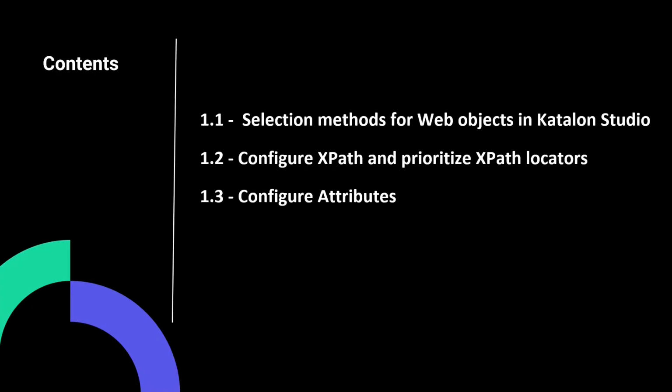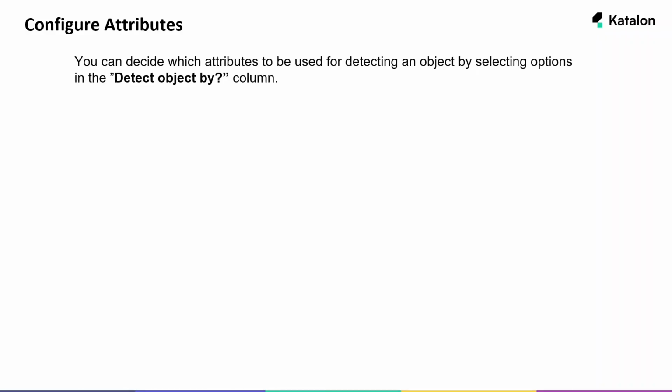As part of section 3 in chapter 1, you will learn how you can configure attributes if you select attribute as your default selection method. You can decide which attributes to be used for detecting an object by selecting options in the column detect object by.